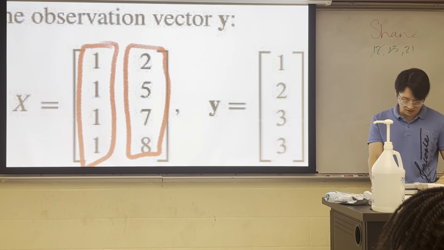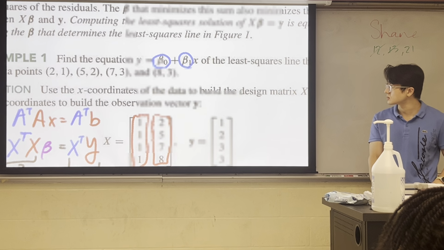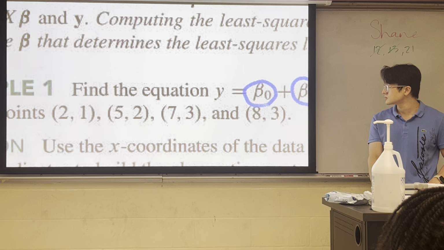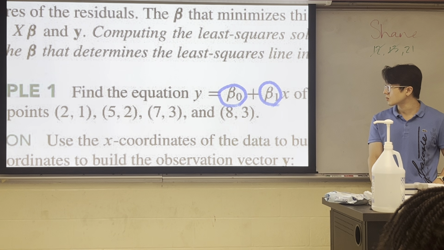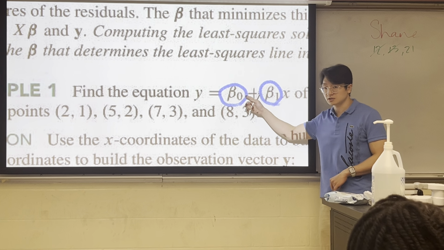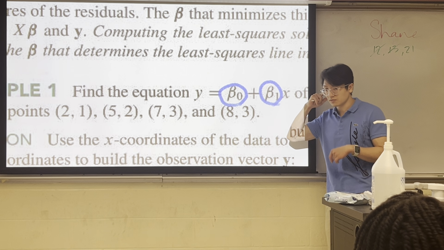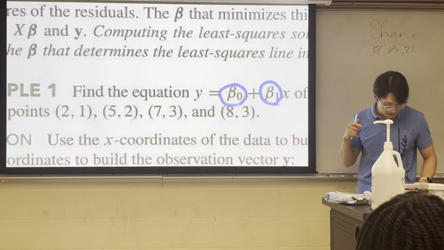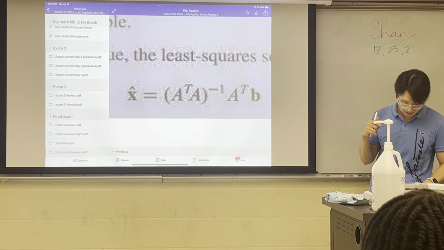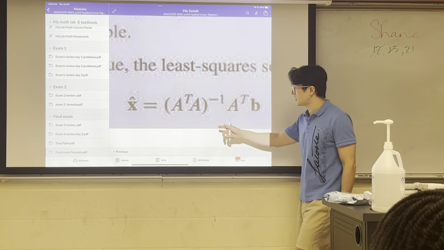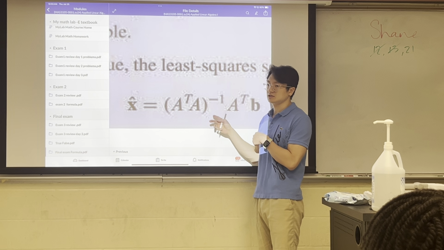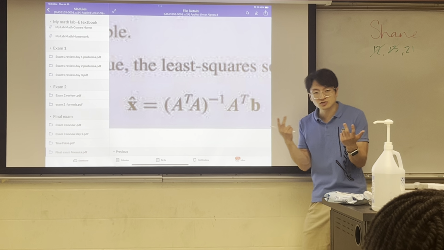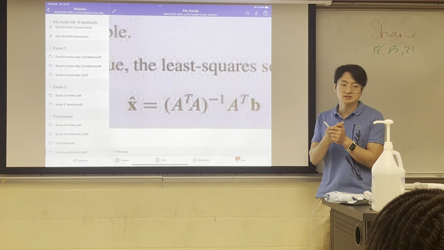Let's say I give you this x, not this. Let's say I give you these 4 points. And our goal is finding betas, right? Beta 0 and beta 1. And what is the formula? The formula is this. If you want to use the inverse, the inverse of a 2 by 2 matrix is not that hard.